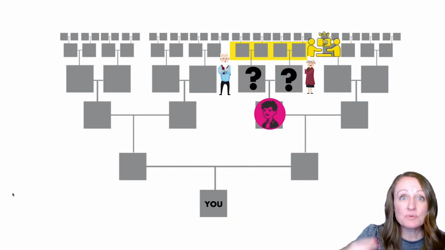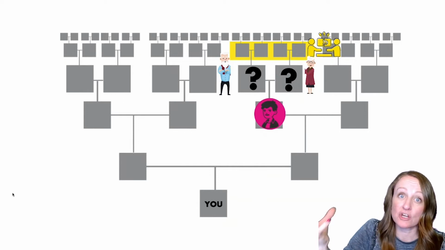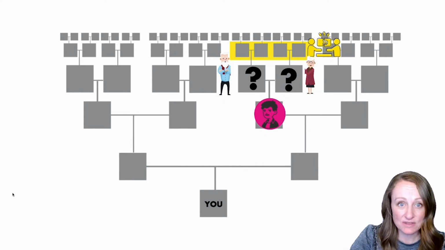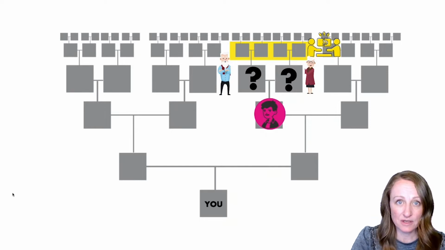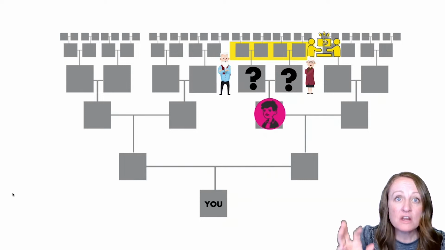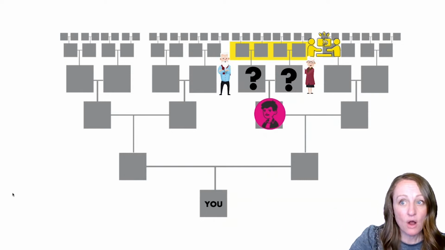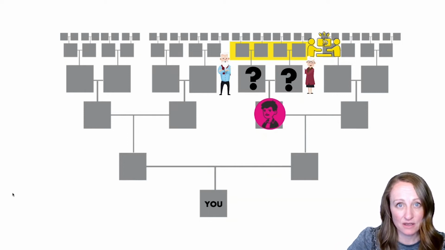Because we've identified a group of matches who share Mildred and Morty in common, and we found our generation of connection with them, this is what we're left with. We know we're connected at this yellow generation. We know this line has something to do with either Mildred's family or Morty's family.